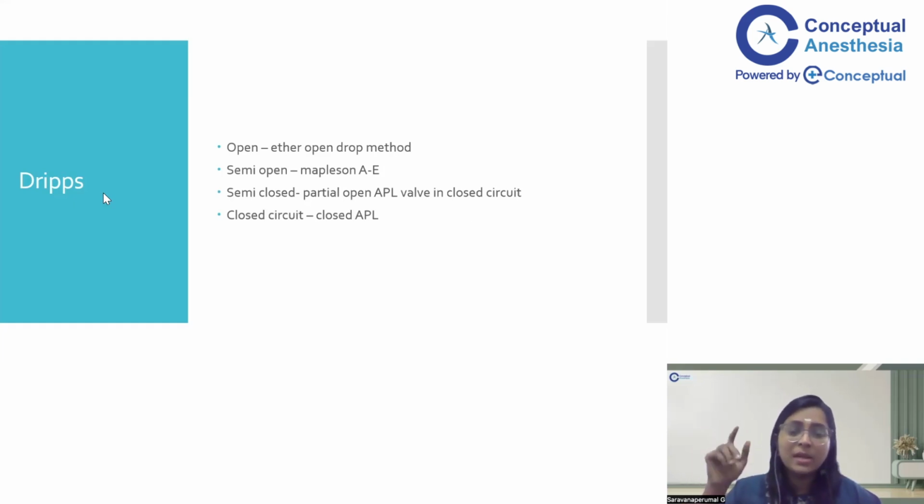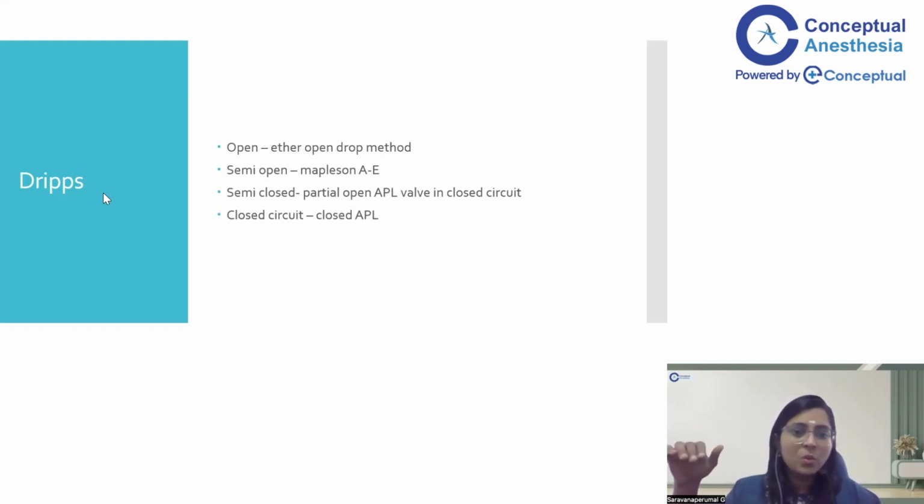He classified Mapleson A to E as semi-open. But some of them came with the notion that how can it be an open system when the APL valve is partially closed and you are allowing a partial rebreathing. And that again led to a controversy. And there is another system called a semi-closed system.